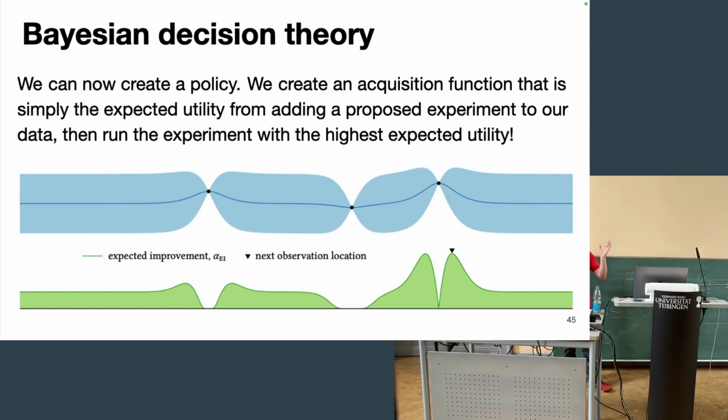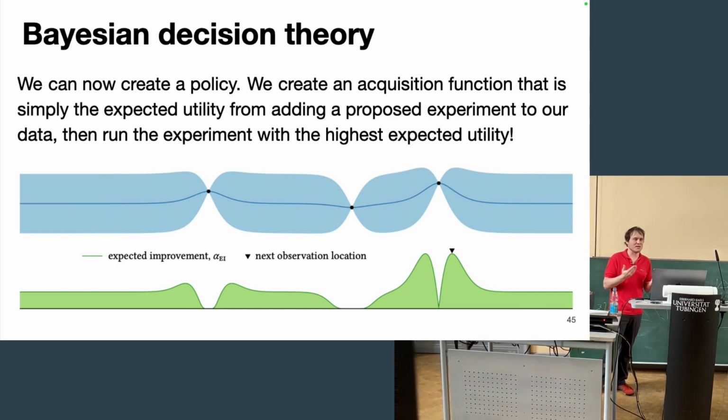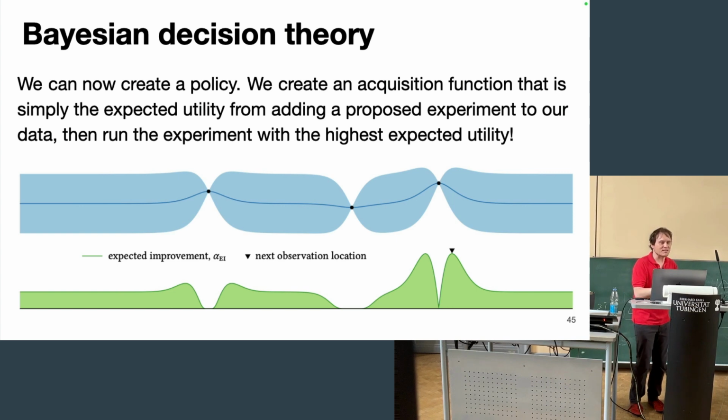And so with this extremely hand-wavy introduction to Bayesian decision theory, we're actually prepared to create a policy for experimental design. We're going to create an acquisition function that is the expected utility from adding a proposed experiment to my data set. And then I'm going to run the experiment with the highest expected utility.